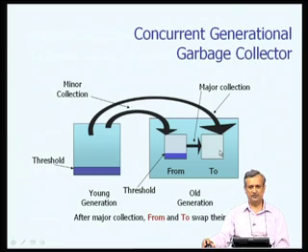The 2 half space becomes from space, and the from space becomes the 2 space. All the long living objects from 2 are now transferred to from, and this entire 2 is freed. From now on all the allocation for older objects happens on this 2 space. So, this is how the concurrent garbage collector really works.